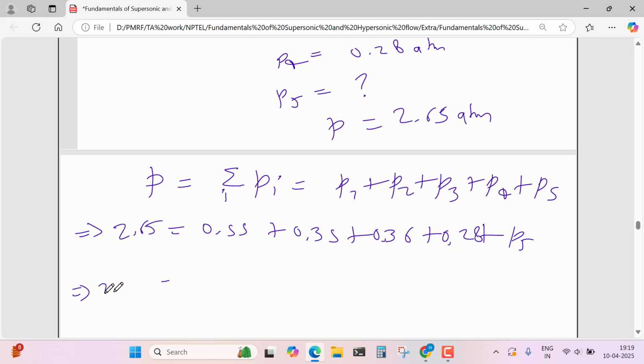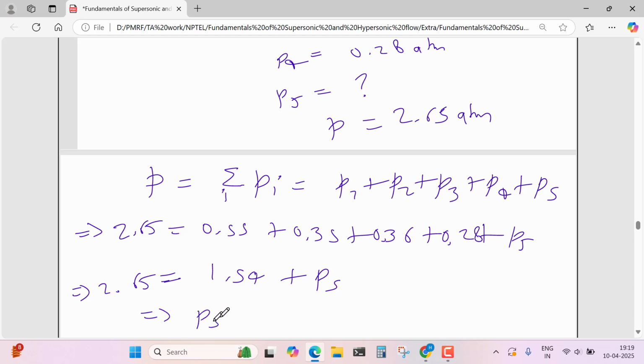So 2.65 will be equal to, if we take the sum of all these pressures, 1.54 plus P5.